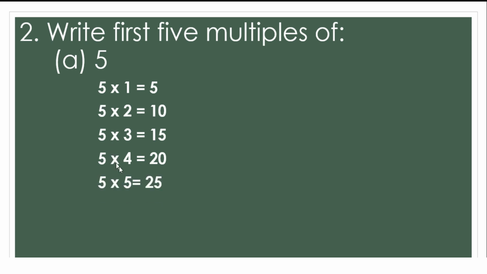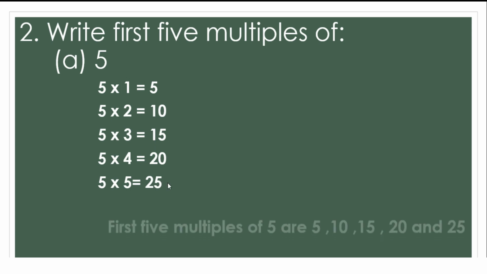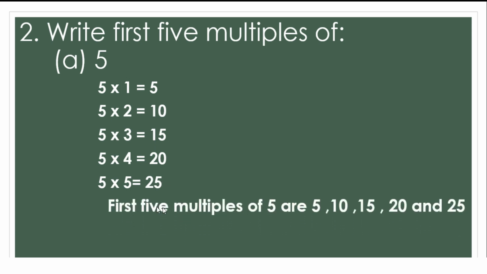See, 1, 2, 3, 4, 5. So only these 5 numbers are enough. The first 5 multiples of 5 are 5, 10, 15, 20 and 25.